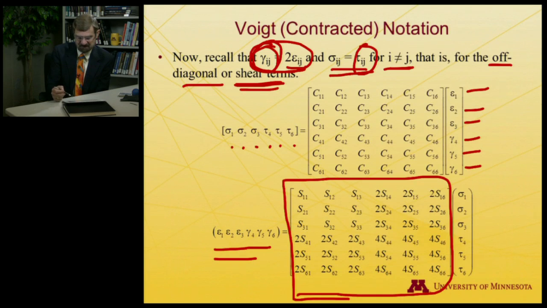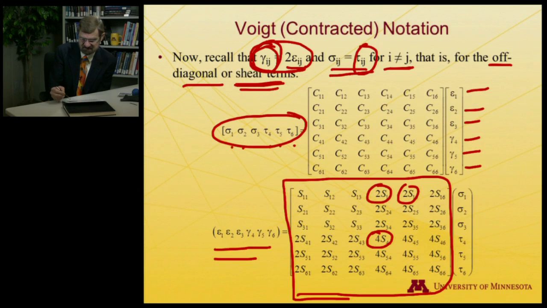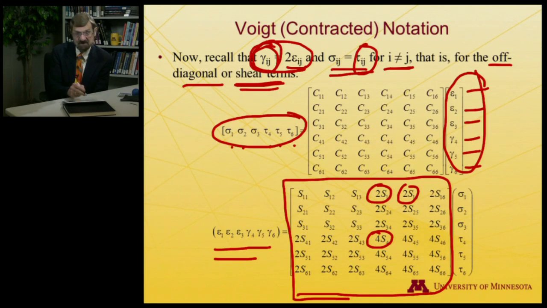And it simply is S11, 12, 13. But then there are these 2's that crop up if you're careful about how you do your math, and there are some 4's sitting down here. But outside of those 2's and 4's, they have a very simple form where you have a 6-component vector for stress, a 6-component vector for strain, and a 36-component tensor that sits in between.